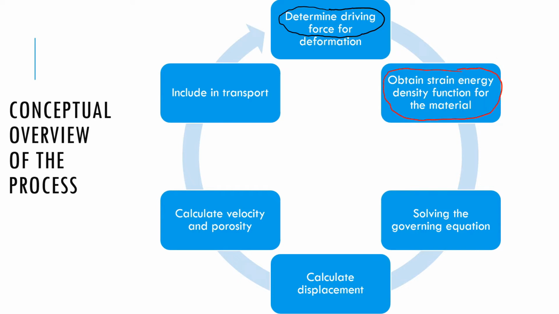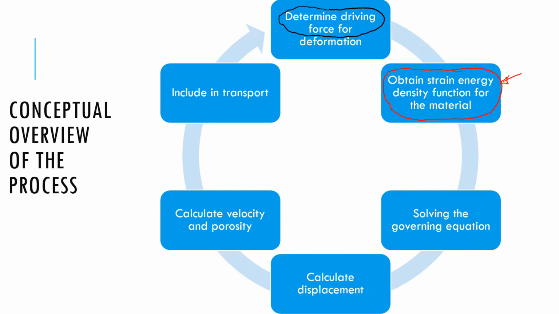So the strain energy density function, the one we just talked about in the previous slide, we need to get that for the particular material that we are interested in. Now, it often may not be possible to get everything exactly for the material. So we need to get it for something similar or that is very close. But we have to get this to apply to the specific material.